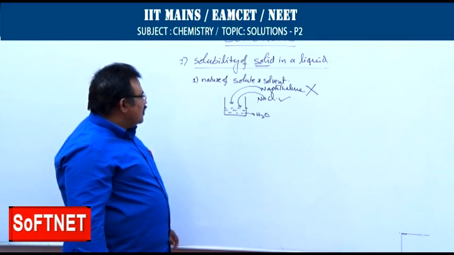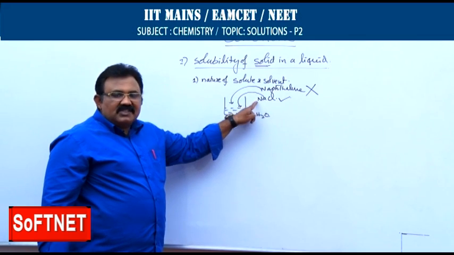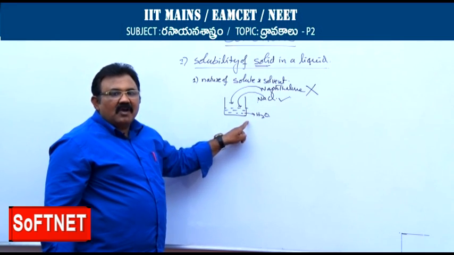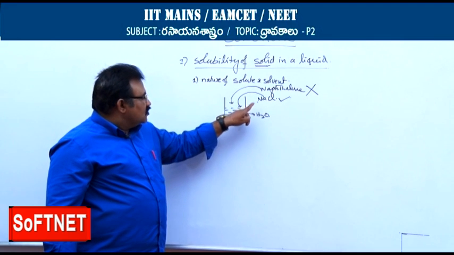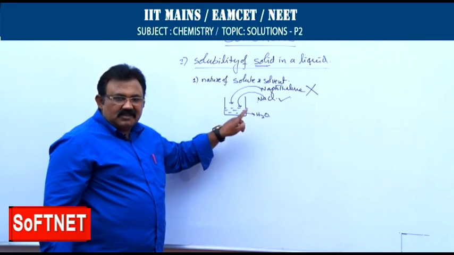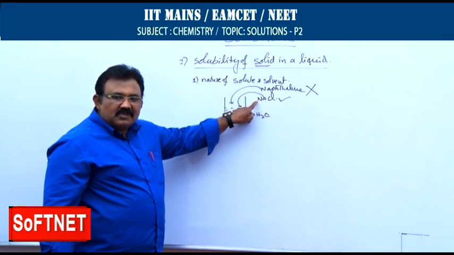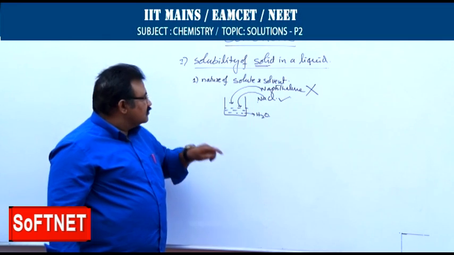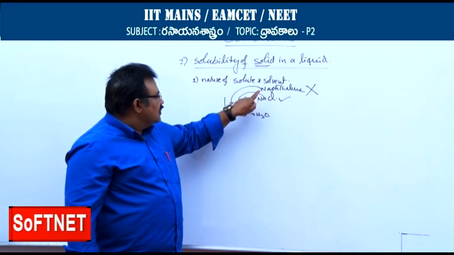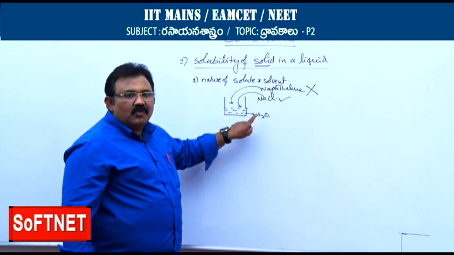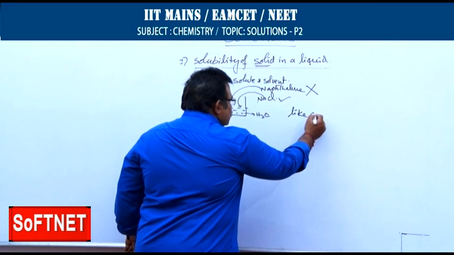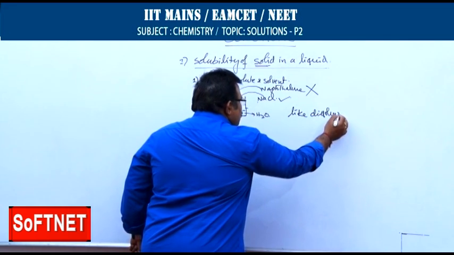Why? Because sodium chloride is an ionic compound, whereas water is a polar solvent. So ionic compounds are soluble in polar solvents. Polar compounds are soluble in polar solvents. Since naphthalene is a non-polar substance, it is not soluble in polar solvents. This is nothing but like dissolves like.